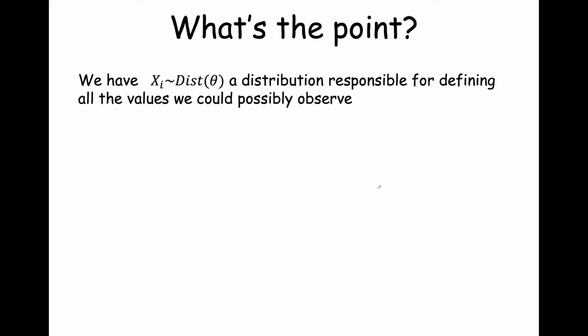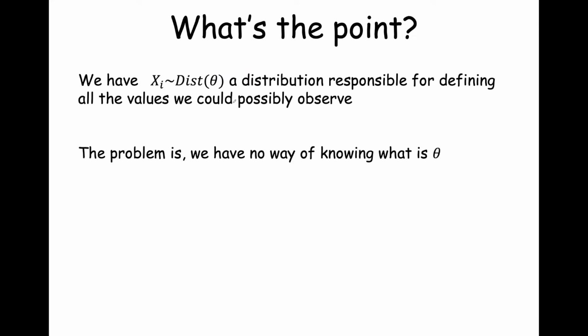So we have some distribution, and that distribution is governed by an unknown parameter. So there's our parameter. And the whole point of an estimator theta hat is we're going to calculate the theta hat by method of moments or max likelihood, and we're going to substitute that for the unknown ground truth parameter. And so this distribution is responsible for defining all the values we could possibly observe.